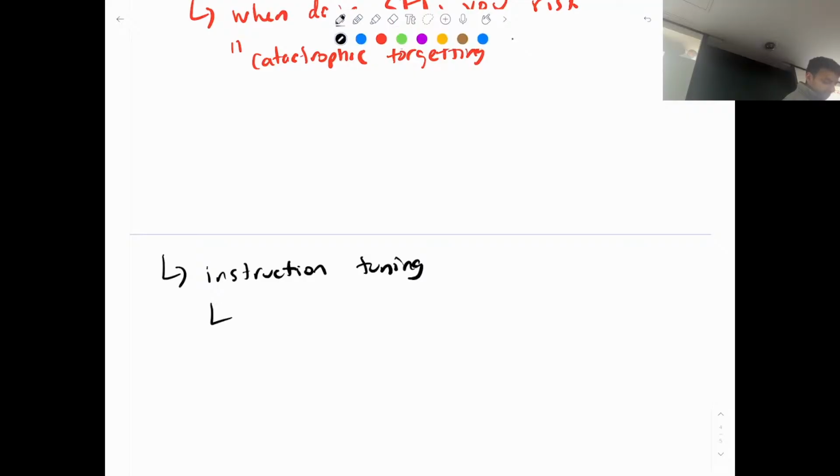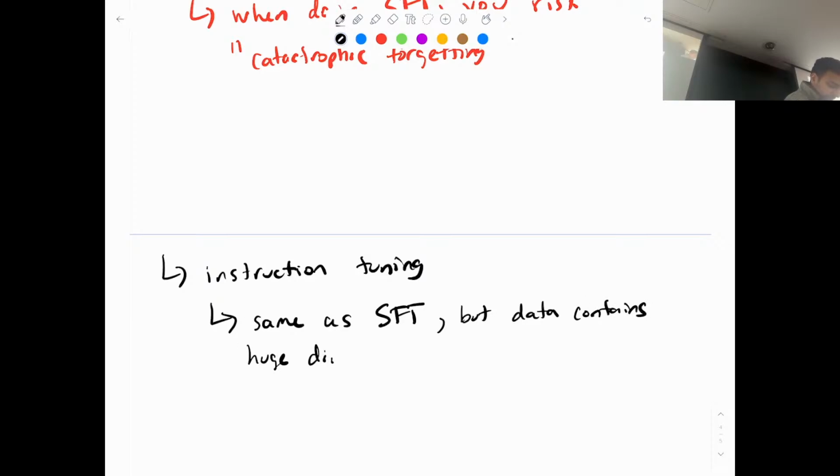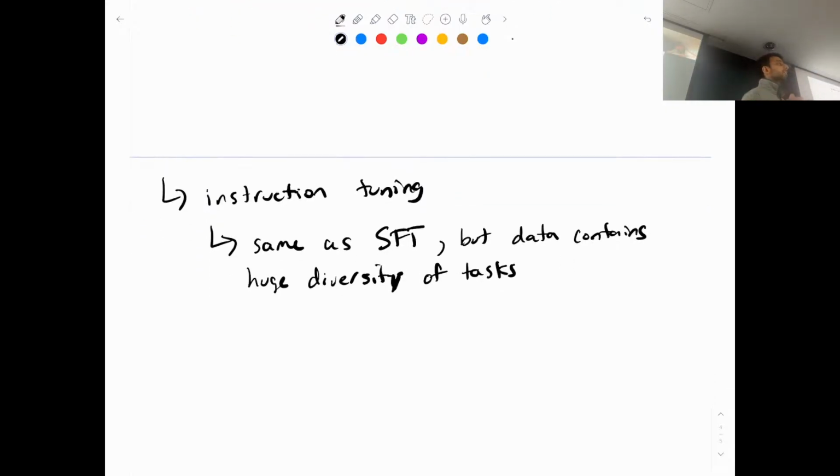This is literally the same thing as SFT, but the data contains a huge diversity of tasks, not just one task. And it's also formatted differently. The format for the input is an instruction, then some input context if needed, and finally an output.